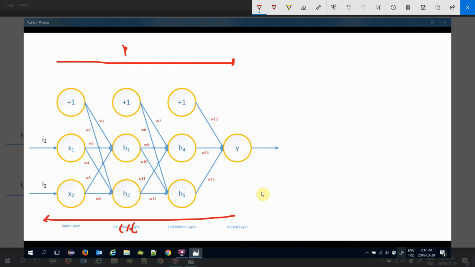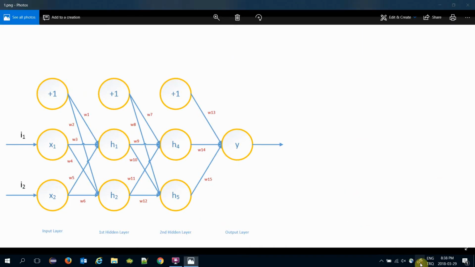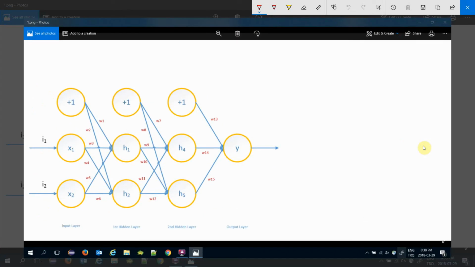Learning in neural networks is actually based on updating all of these weights, and this algorithm decides these updating ratios. For example, suppose that this network produces net output y as prediction, and suppose that it should produce the actual as expected.